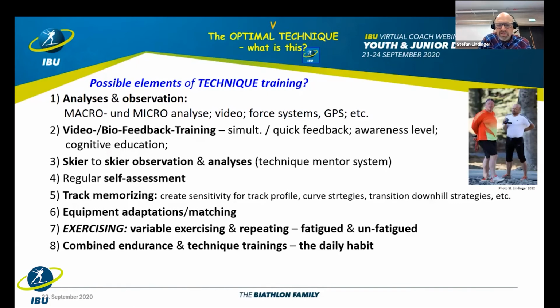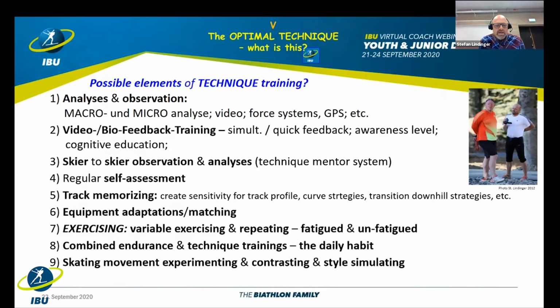It's possible, more or less, to do not a single endurance training session without technique elements. It does not always need extra time. It's often an argument that we don't have enough time for technique training because we do so much endurance training and strength, but that's not the matter. You can combine this in your endurance training.